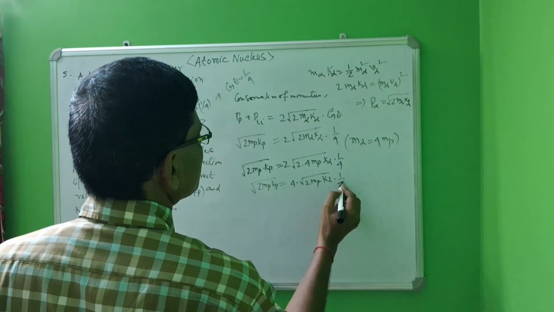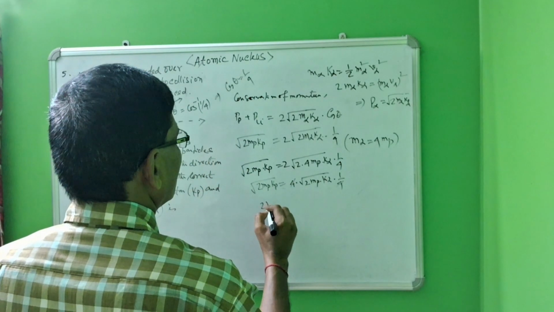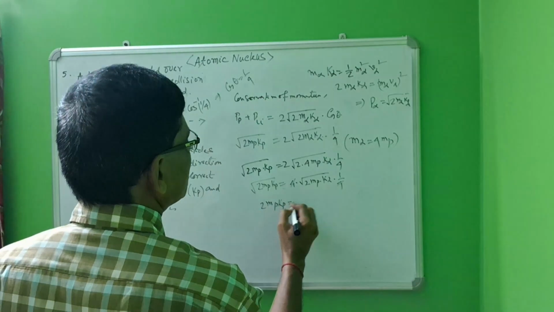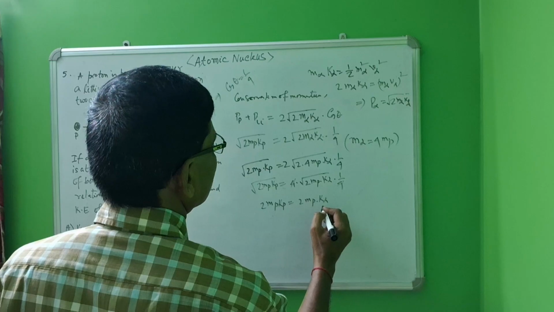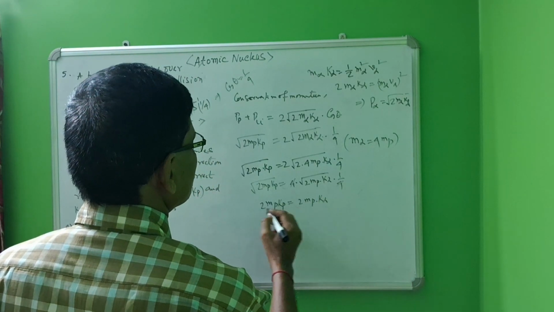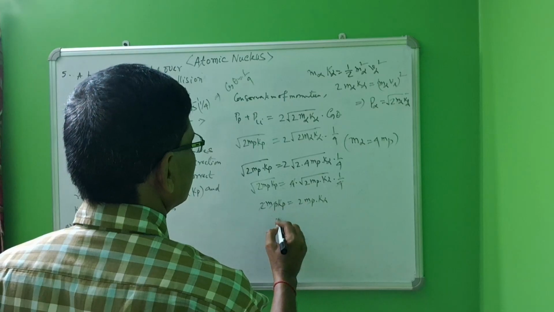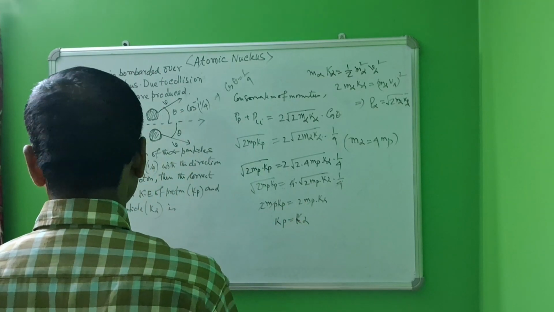By squaring both sides we get twice mp kp equals twice mp k alpha. So cutting this we get kp equals k alpha. So answer D.